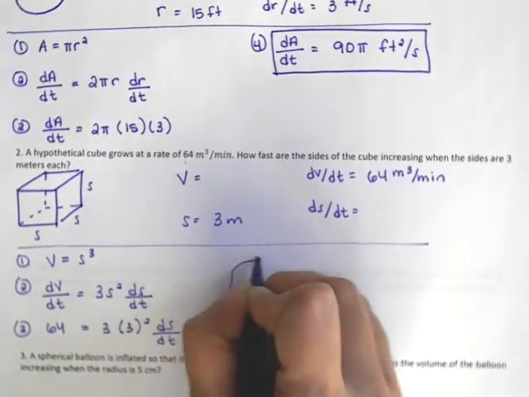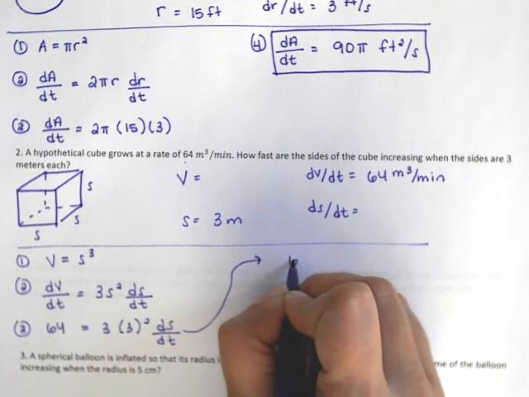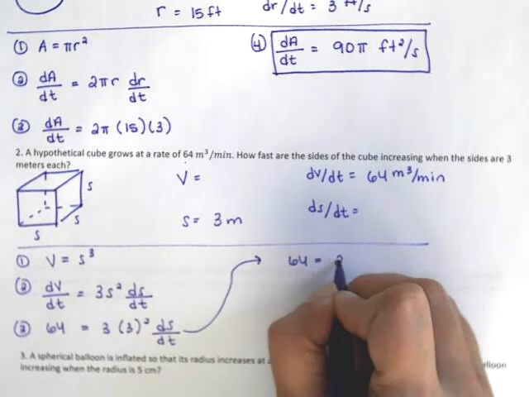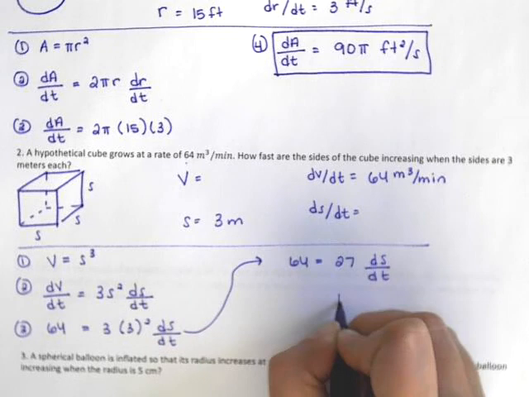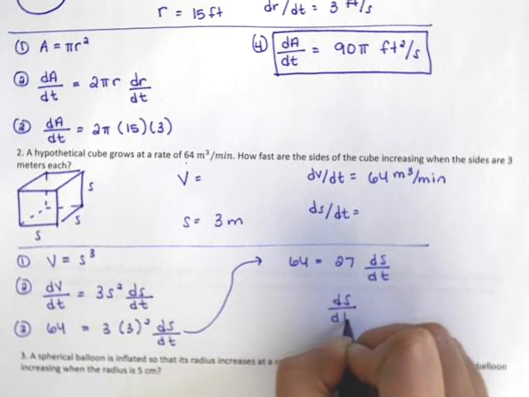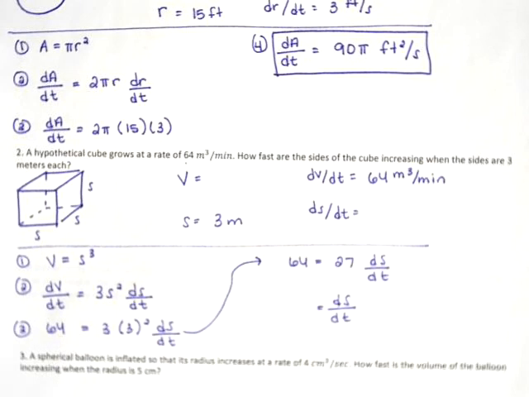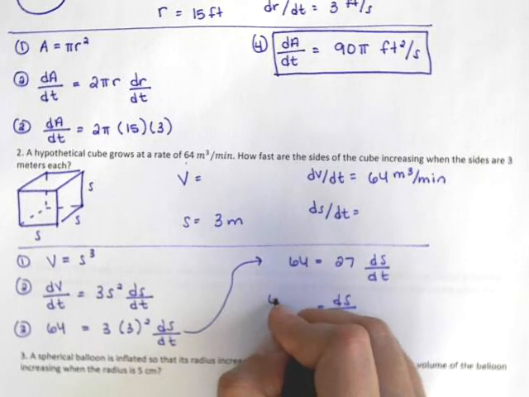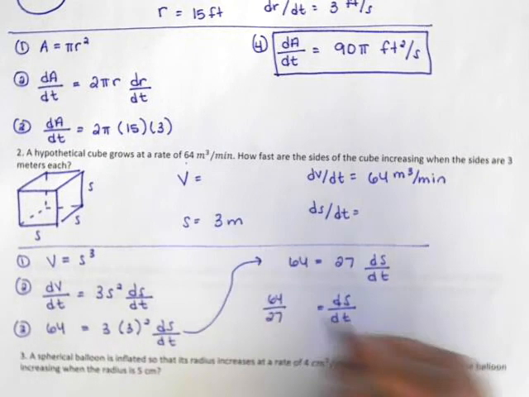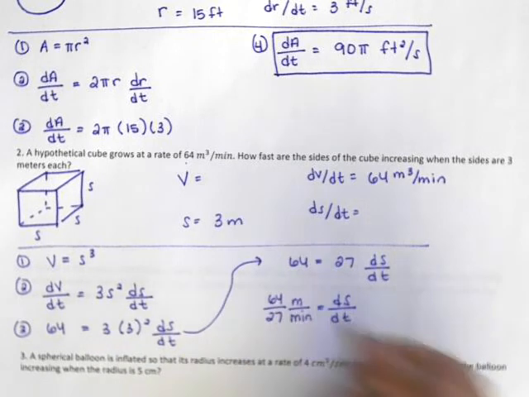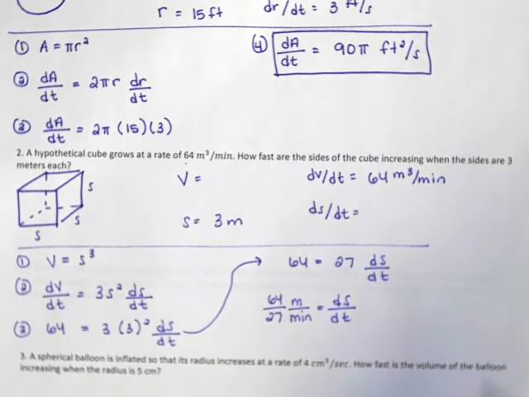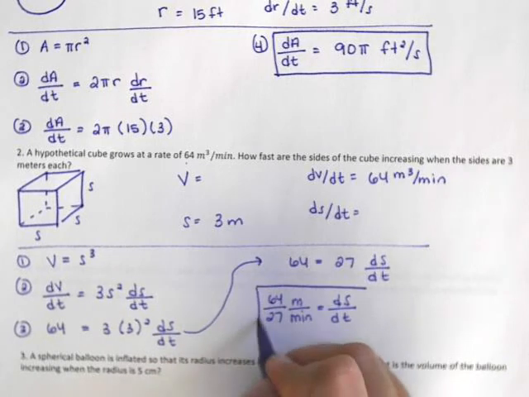So we get 64 equals 27 ds/dt. So ds/dt equals 64 over 27, and it would be meters per minute, because we're just measuring the length of the side.